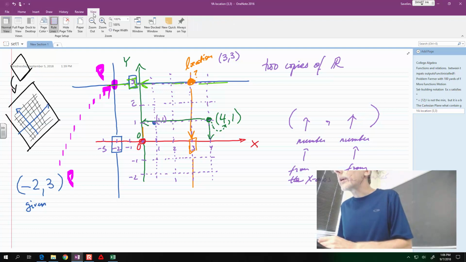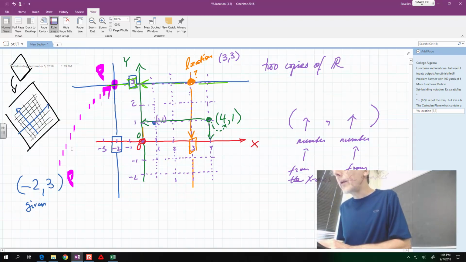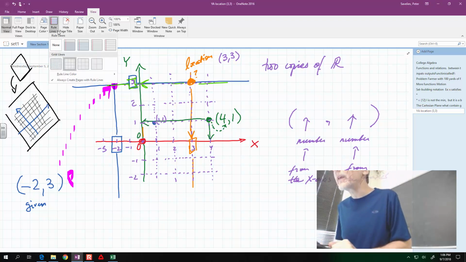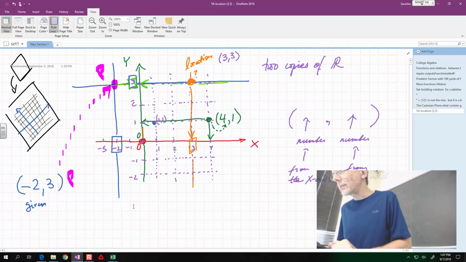I wonder if they have ruled paper. I can actually choose if I want to. You see it? It is kind of thin, but it's there. Can I try light blue? How about red? You still can barely see it, but it's there.